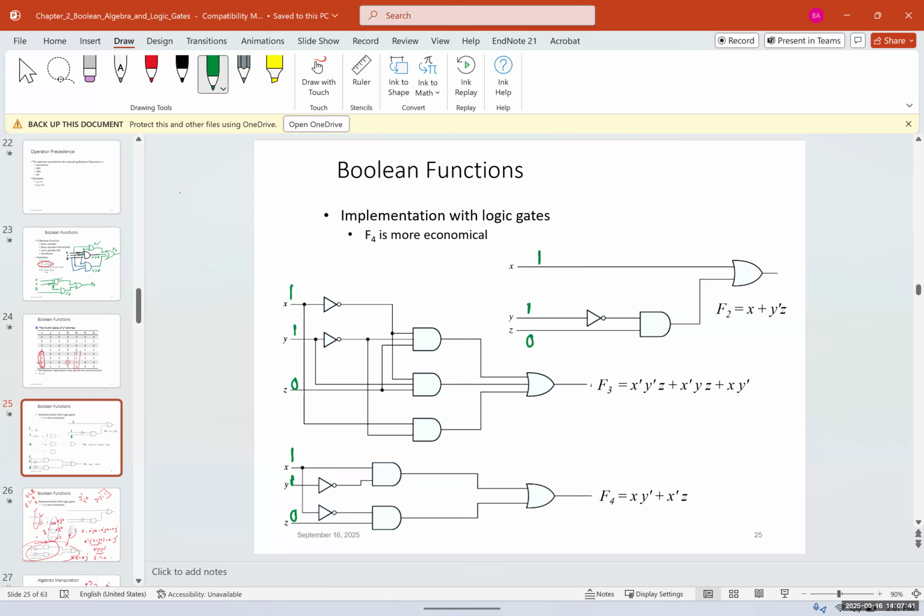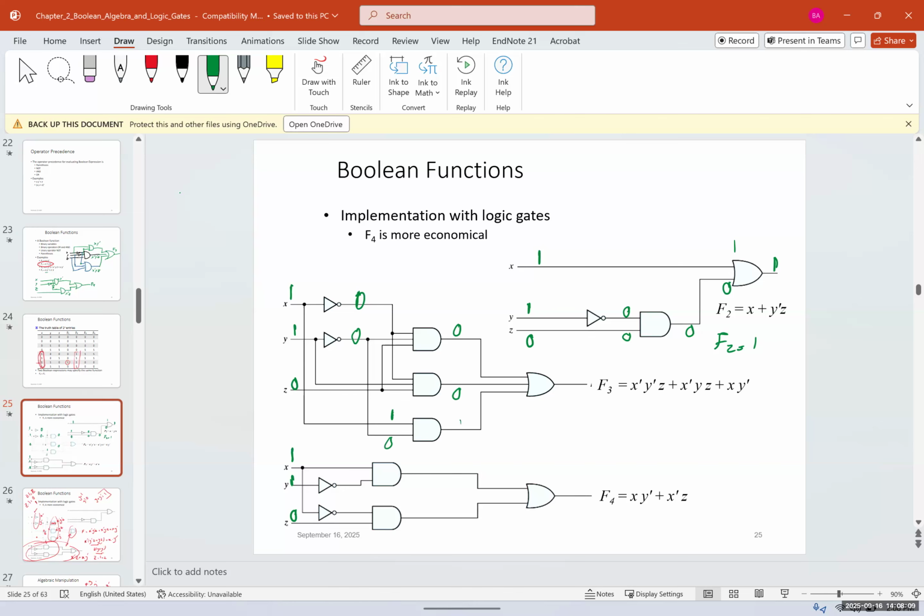So what is the result for the first one? We have 1. This would be 0. 0 and with 0 is 0. 0 or with 1 is going to be 1. So F2 would be 1. The second one, this would be 0. This would be 0. And this is also 0. So anything out here is 0. This is 0 also. We have 1 here.